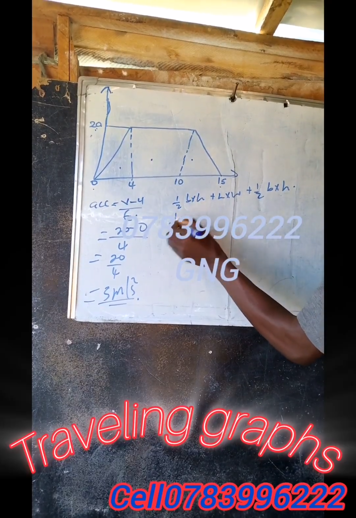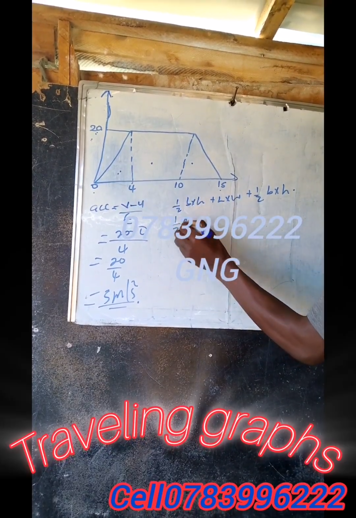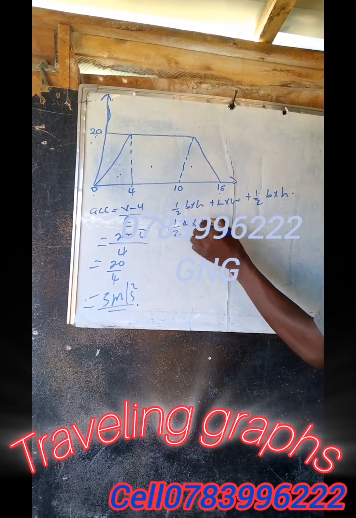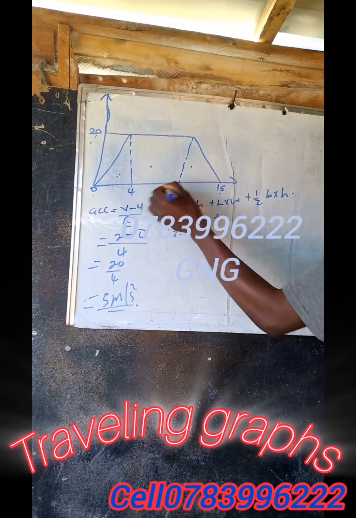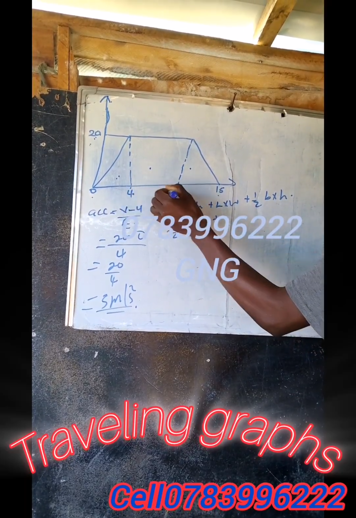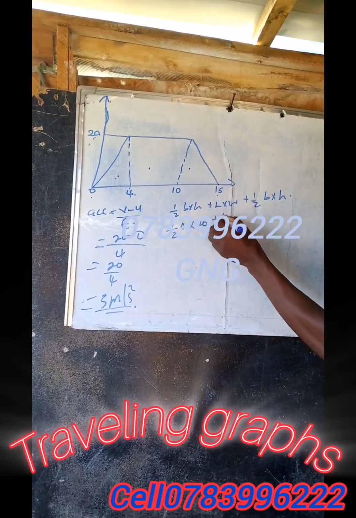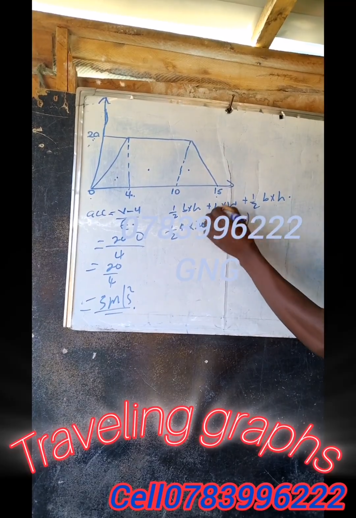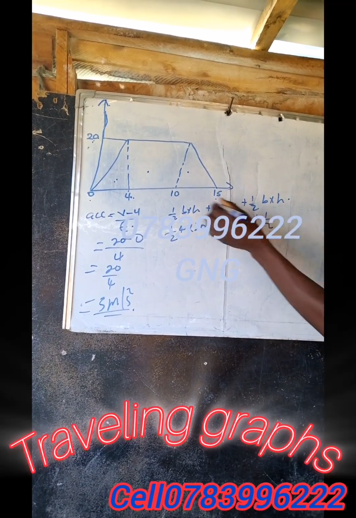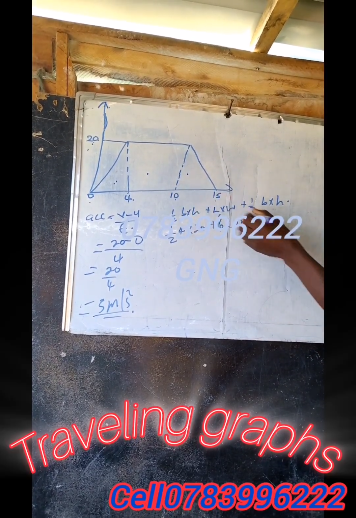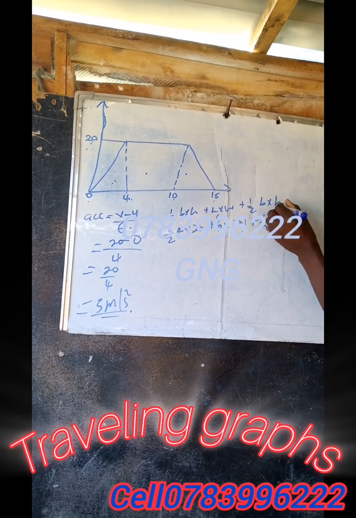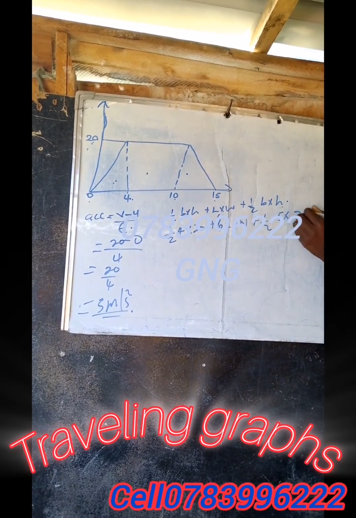Half base times height: what is our base? 4, times our height, 20. Plus length: what is the length? It ranges from 4 to 10, so 6 times 20. Then plus half base: what is the base? The range from 10 to 15, it's 5, times our height, 20.